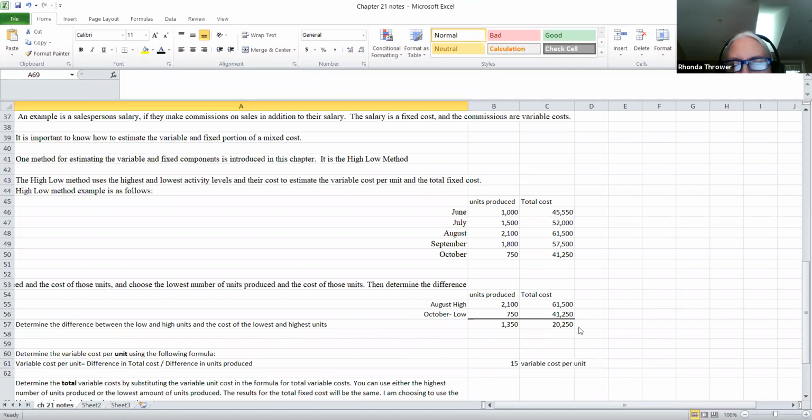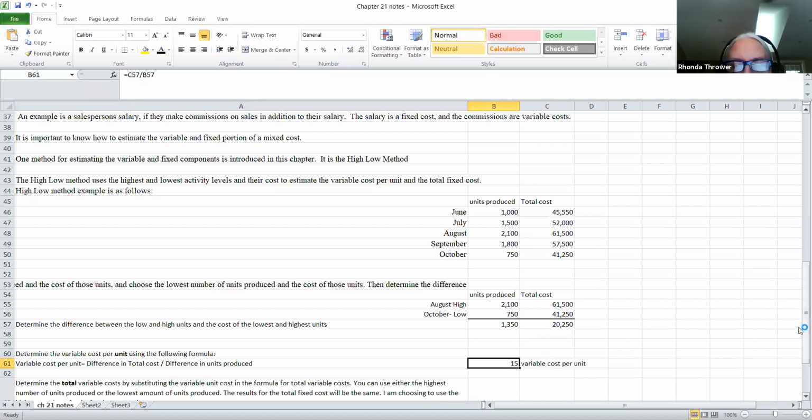The way we do that is we take the difference in total cost, which is $20,250, and divide it by the difference in units produced, which is 1,350 units. That will give me $15 as my variable cost per unit.